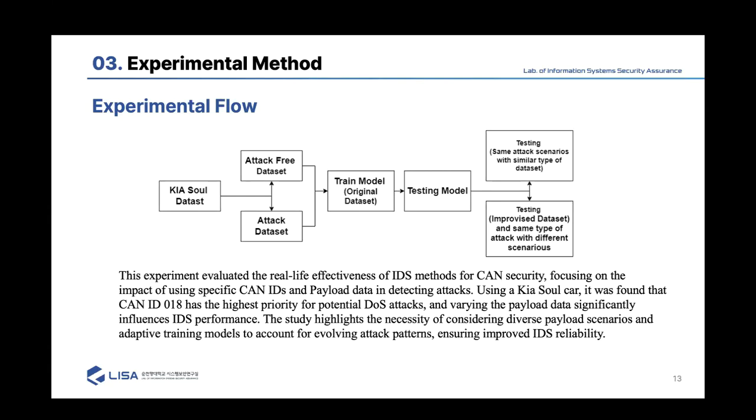After training, the model will be tested against similar attack scenarios to evaluate its performance. Following this, the attack scenario will be altered either randomly or according to specific criteria, and the models will then be tested using the improvised dataset to assess their robustness and adaptability to new attack patterns.